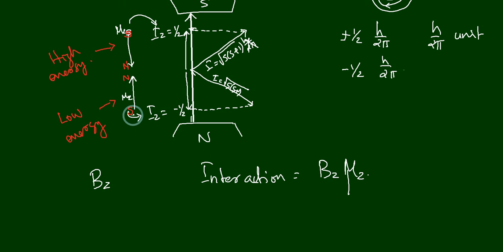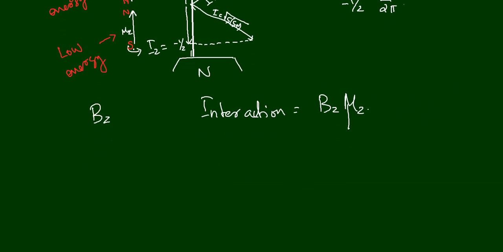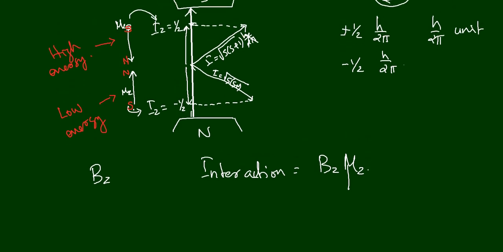They have different directions. So what is the difference in energy between these two? In both cases mu z is different, because mu z depends upon Iz, right?